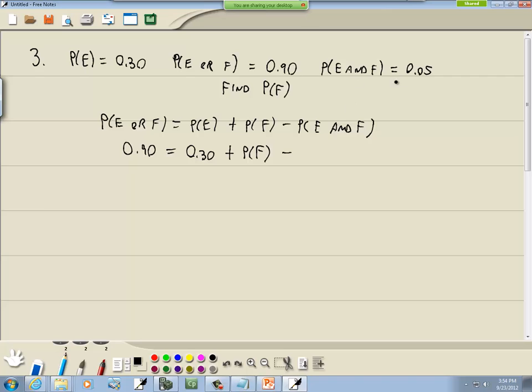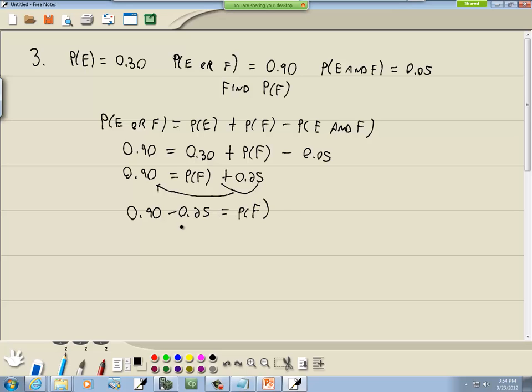Minus probability of E and F, they tell us is 0.05. Well, subtract these: 0.30 minus 0.05 gives us 0.25. Then I'm going to take that over to the left side. Anytime you take anything across your equals, your sign changes, so that becomes negative 0.25 equals probability of F. And then subtract those, and I get 0.65 is probability of F. And that's our answer.